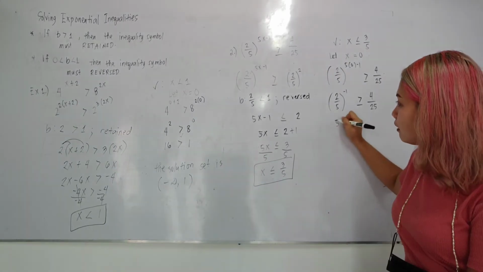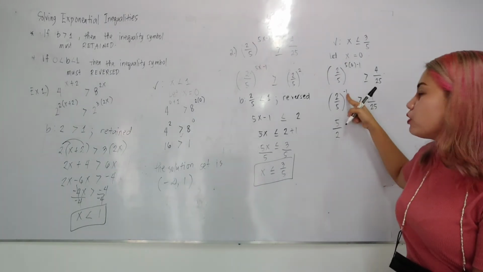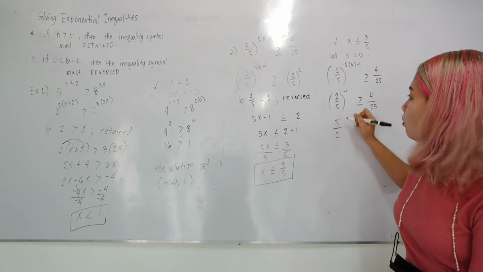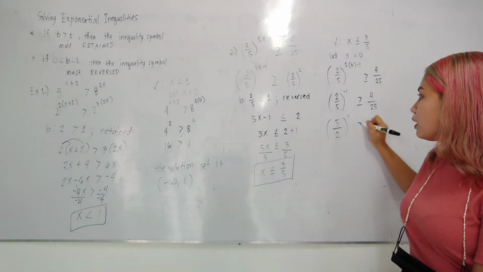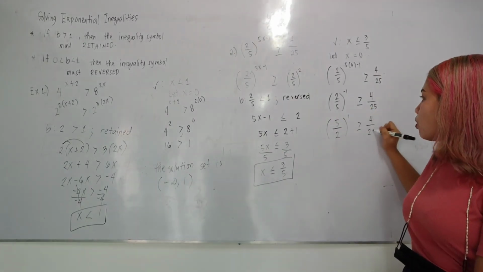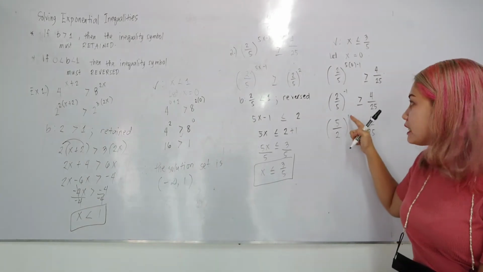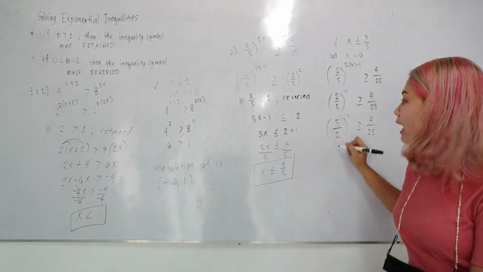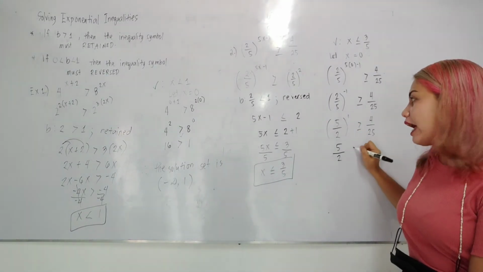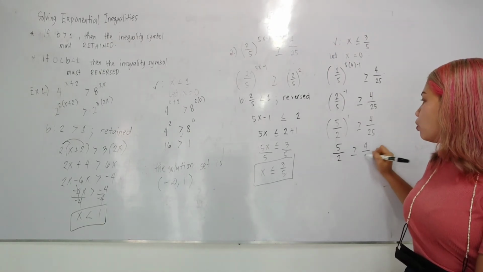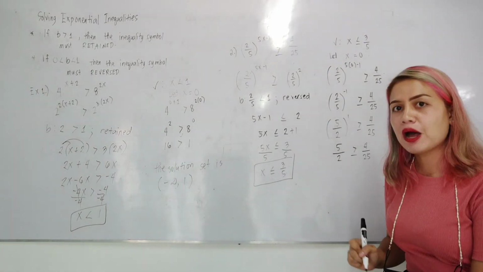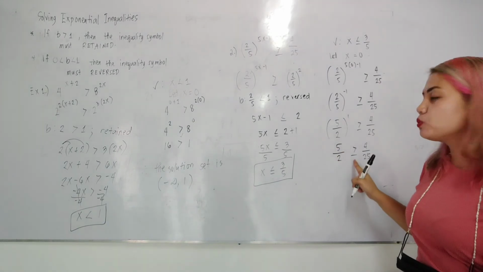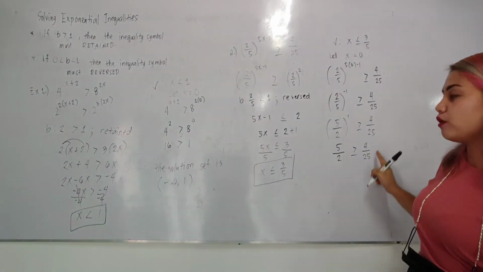Yes, it's 5 over 2, and the exponent will become positive 1, greater than or equal to 4 over 25. Or, since this is 1, you can just omit that and leave it as 5 over 2 greater than or equal to 4 over 25. Now, is 5 over 2 greater than or equal to 4 over 25?